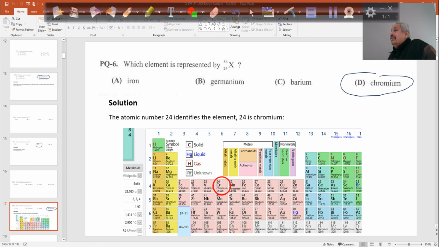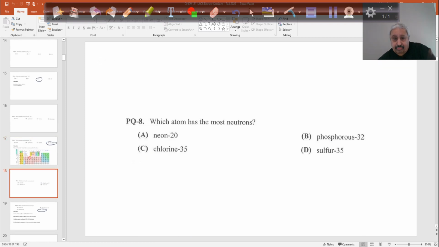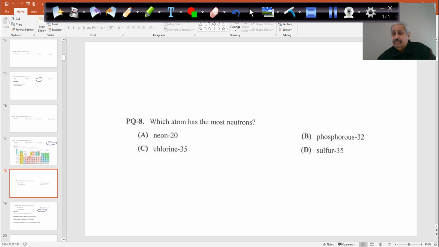Yes, you have a question there? Okay. Now you tell me which atom has the most neutrons. So here it is, guys. What we said, this one here? Those are atomic masses, correct?